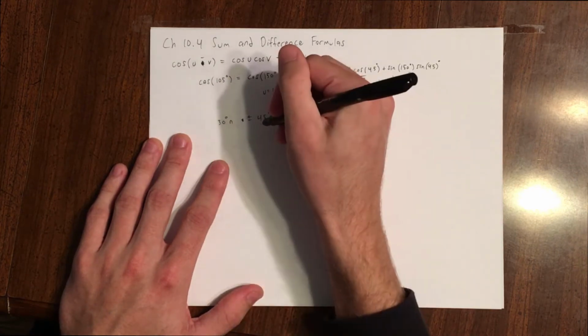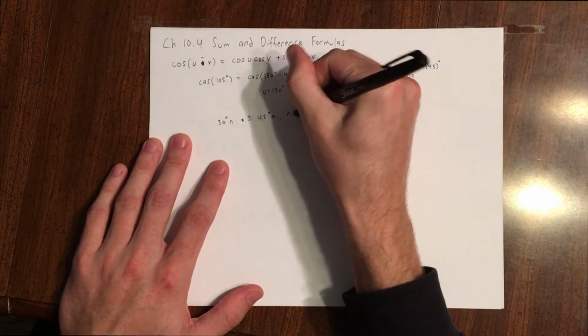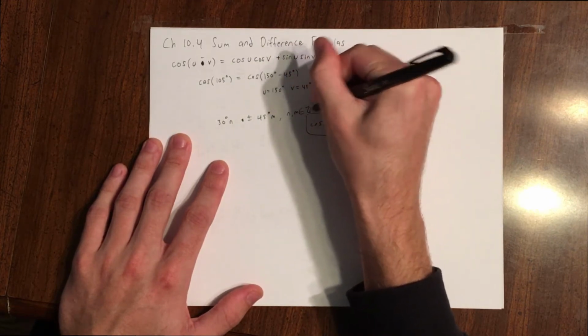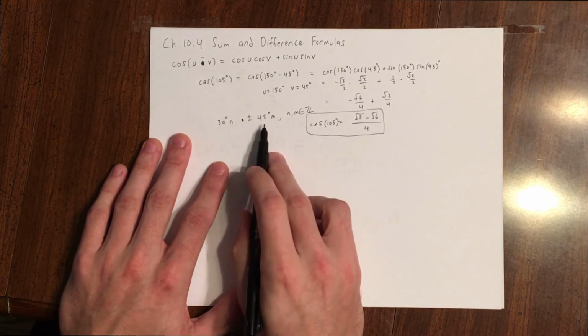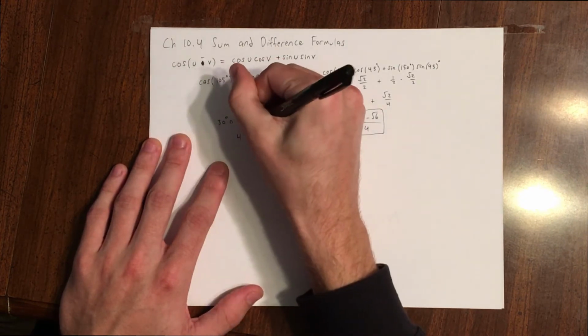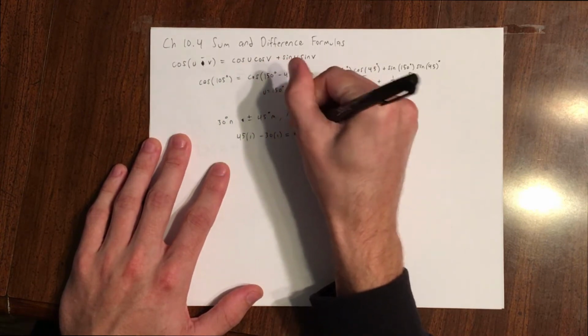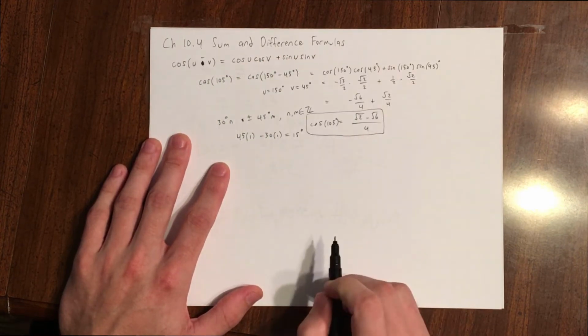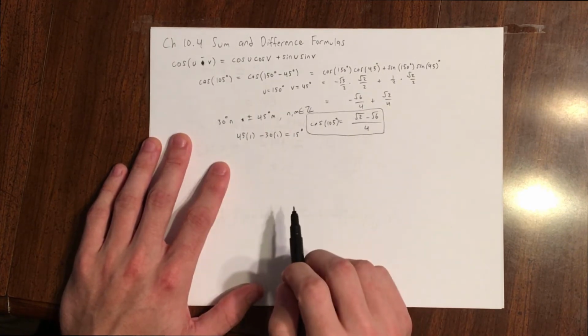So N and M are just some whole numbers. For instance, if we took 45 minus 30, that's just 45 times 1 minus 30 times 1. That's 15 degrees. So we could find the x or y value at 15 degrees using these formulas.